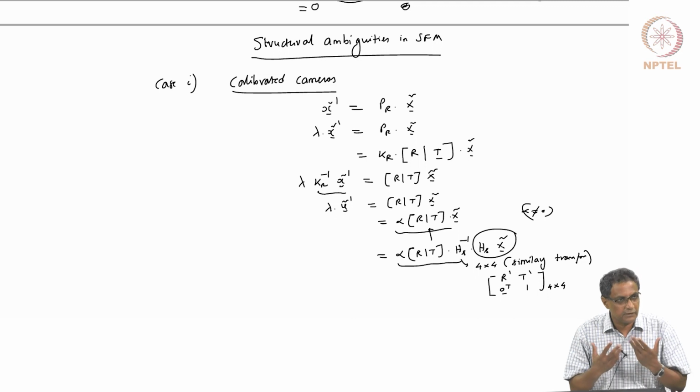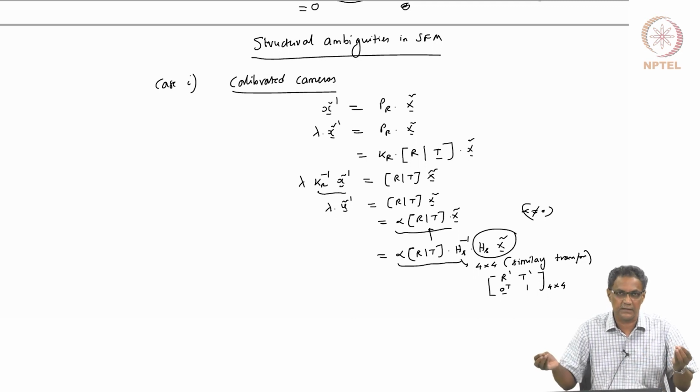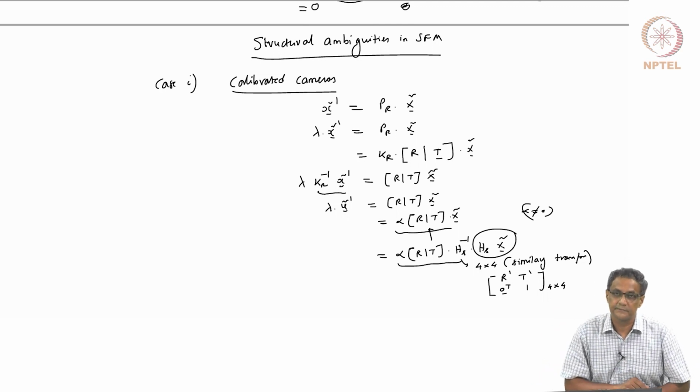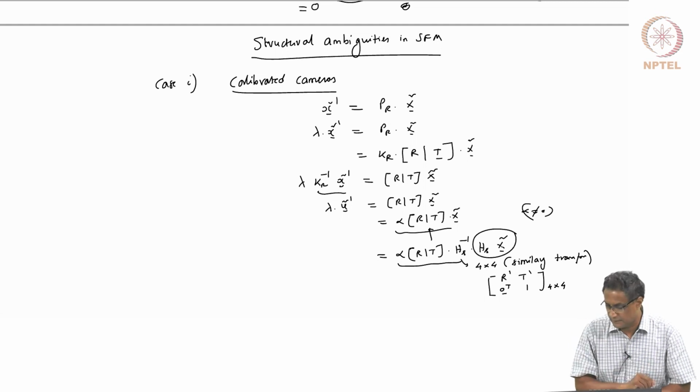Finally I am going back to my image coordinates, that's where the correspondences are. That is the only thing which tells me what I can do, and the image coordinates have not changed. I am still looking at the same correspondence, but now the structure is not the original structure. The structure is modified, which is what we mean by a structural ambiguity.